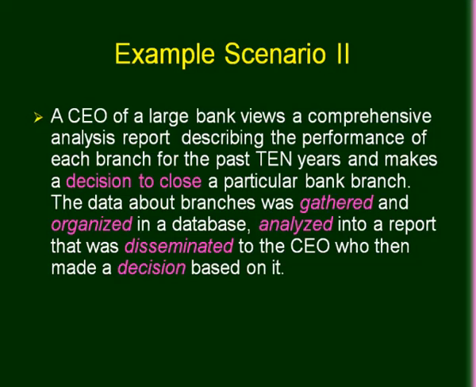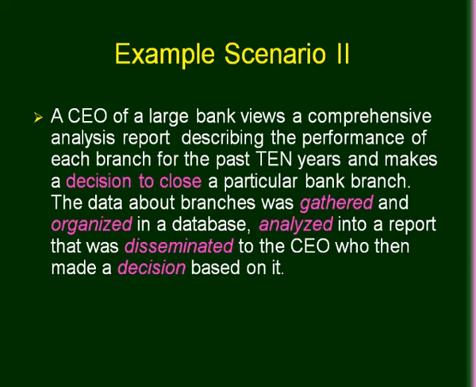That means how each branch has performed every year. The past 10 years performance of each branch is prepared in the form of a comprehensive report. A decision to close a particular branch depends on the performance only. So therefore, the CEO makes a decision to close a particular branch.